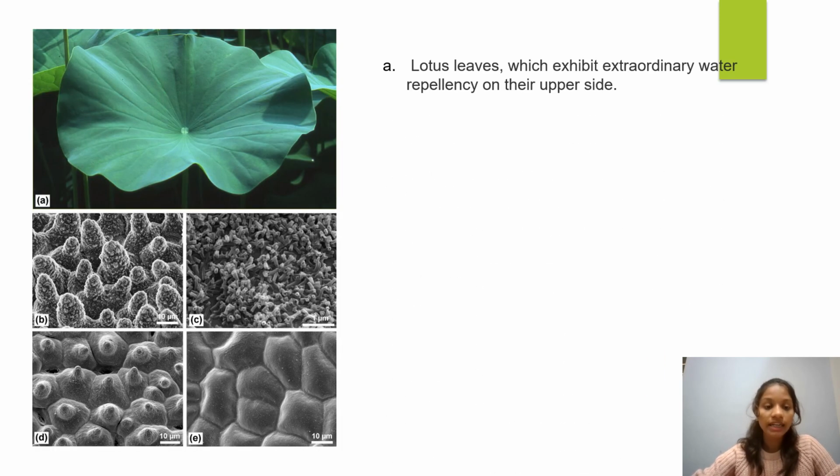Now, let me explain this with the figures. In the first figure, the lotus leaf exhibits extraordinary water repellency on its upper side. As we can see in the first figure, the leaf has no dirt, water particles, anything. It is very clear and crystal. This is the image of how a lotus leaf looks.